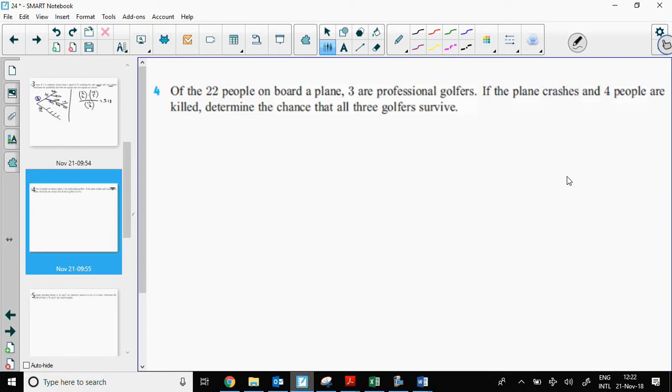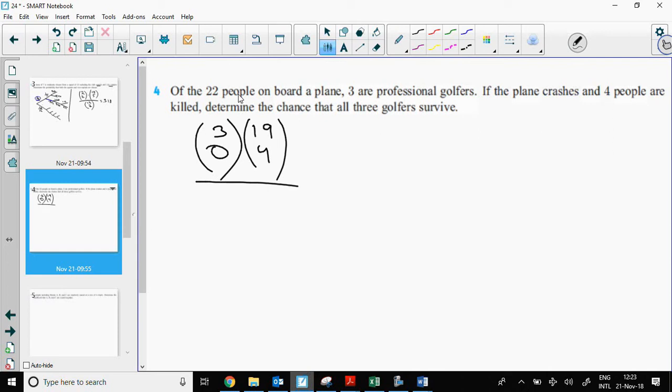So let's flip this around. Let's think about who dies. So let's make this even darker, right? Of the 3 golfers, I want none of them to die. And of the 19 other people, sorry, but I want 4 of you to have perished.